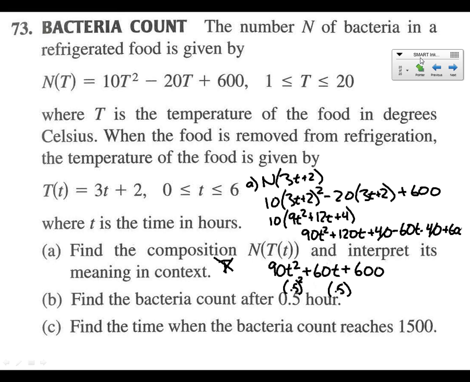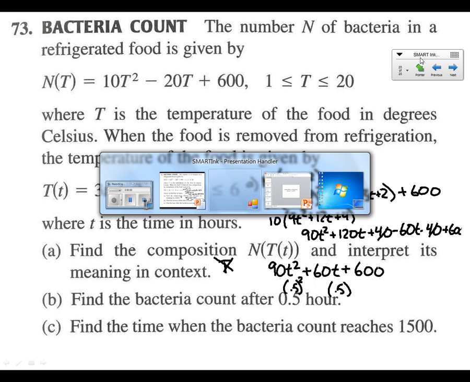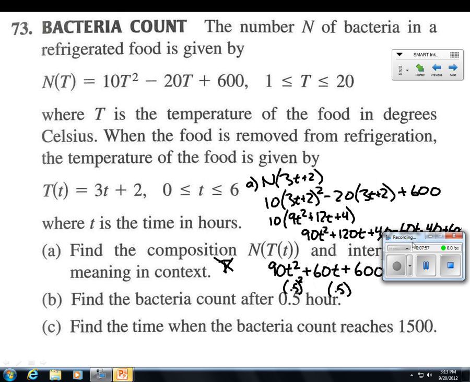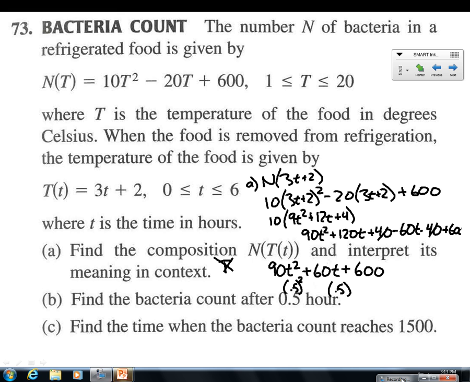We'll plug this in for t, and I'm going to pause this video for a second while I plug it into my calculator. All right, after plugging into the calculator, I got 652.5. So after half an hour, we're going to have 652.5 bacteria.